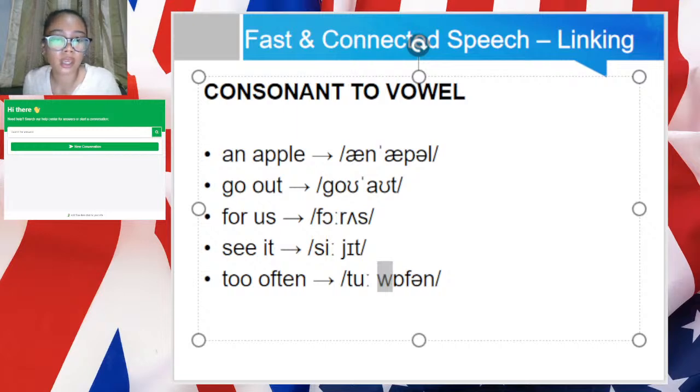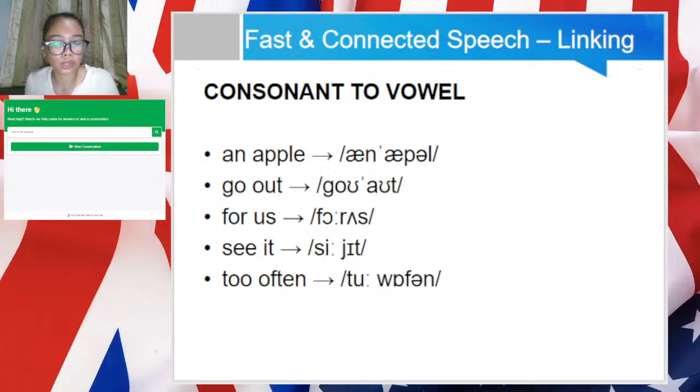So that's why we are tackling this, so that you get used to it, and it wouldn't be that much harder for you if you ever encounter a native speaker who uses these kinds of fast and connected speech. So you can try to practice again.